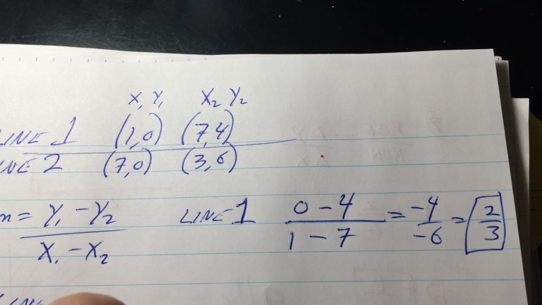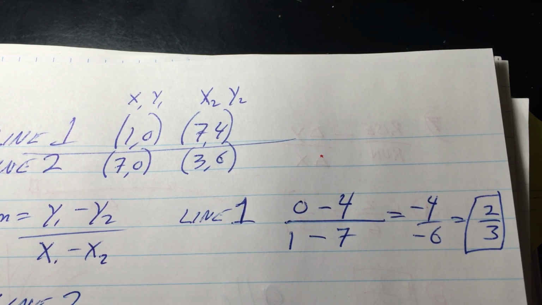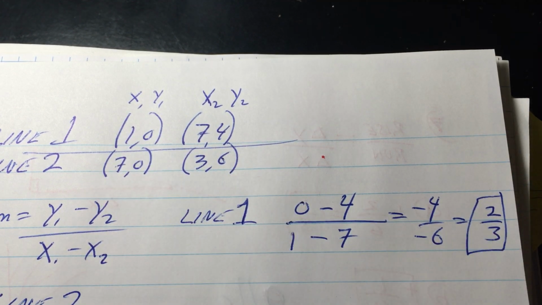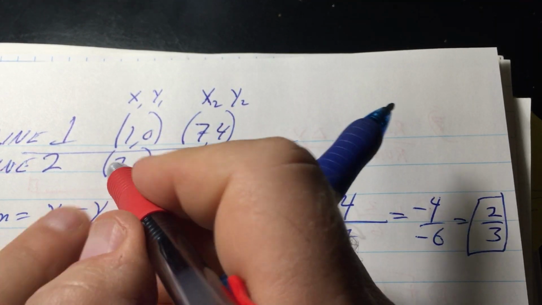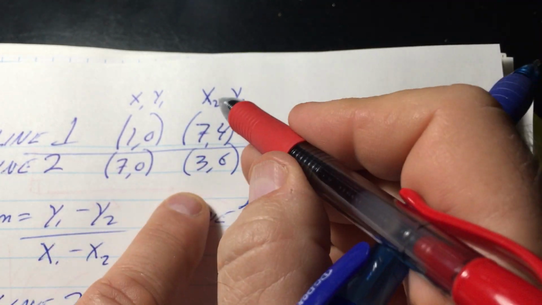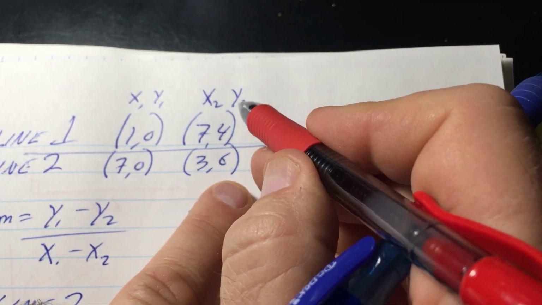Line 2. My first value of x is 7. My first value of y is 0. Second value of x is 3.